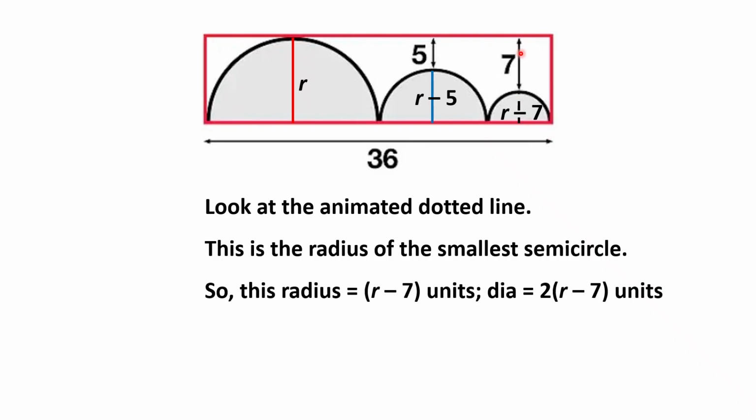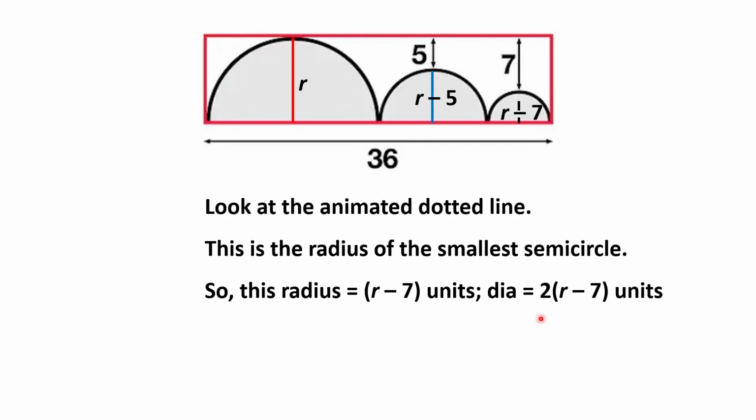The full radius was r, the top part is 7, so the radius would be r minus 7.